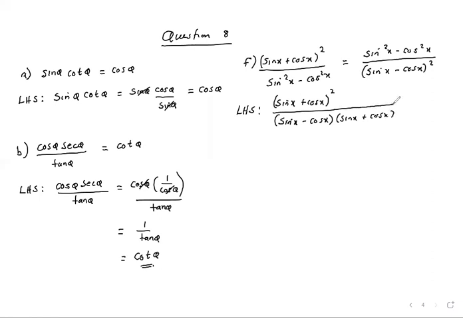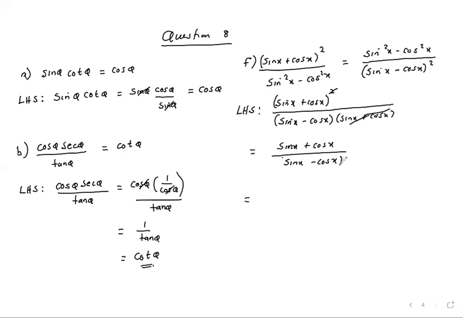And then we'll see that the square will be taken care of by this piece here. So we remain with sin x plus cos x and divide by sin x minus cos x. But because of the right hand side, the denominator here needs to be squared.